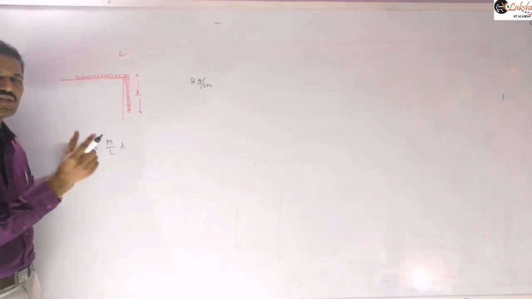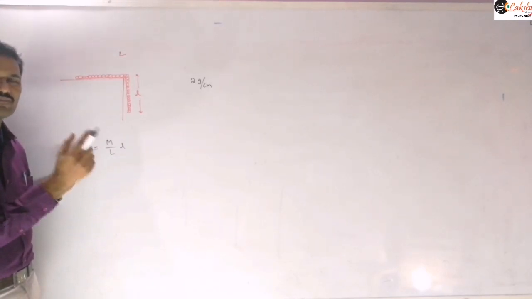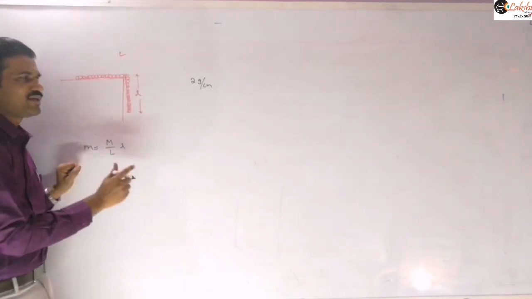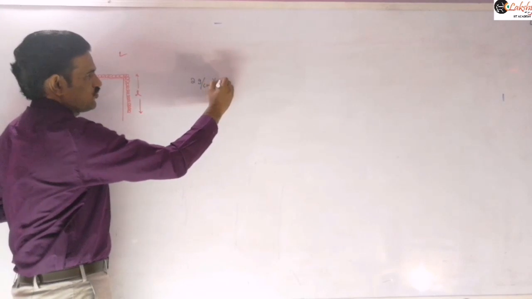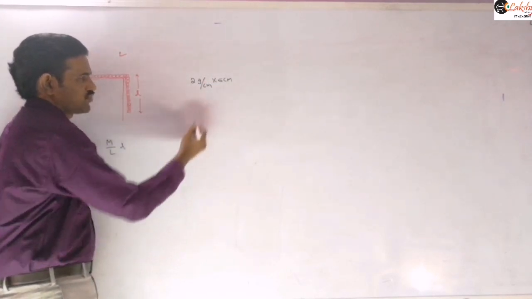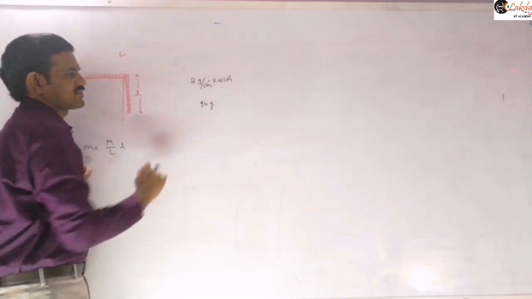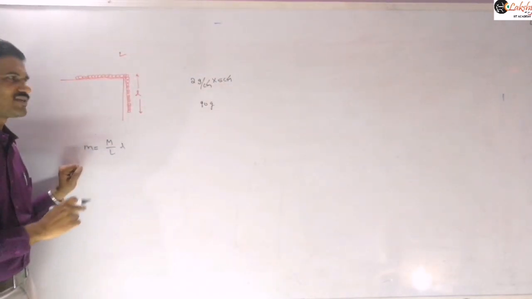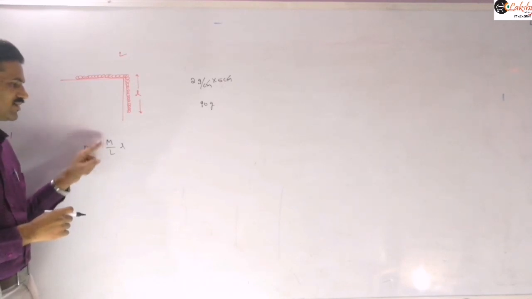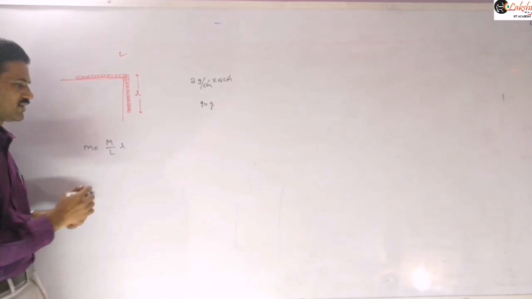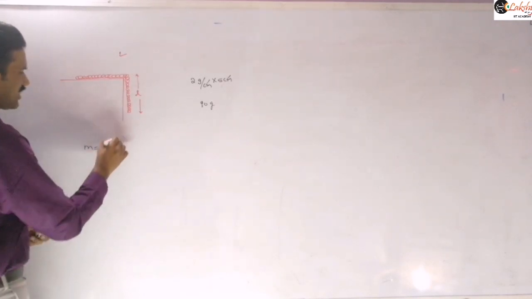That indicates a chain of length 1 centimeter has mass 2 grams. If I take 5 centimeters, then the centimeter cancels and you get 10 grams. That is what we are writing here, mass per unit length into length of that part. So that is the mass of the hanging part.